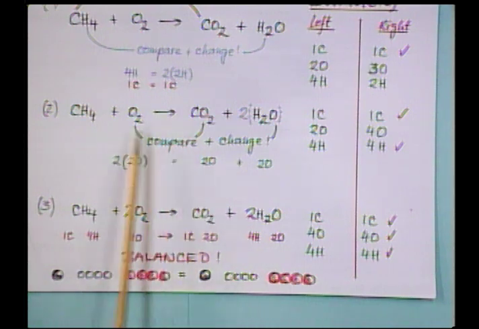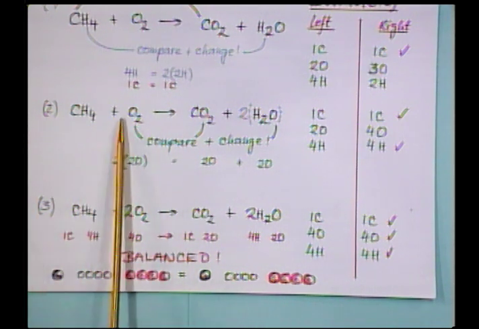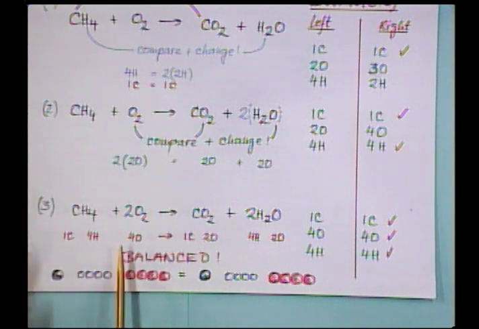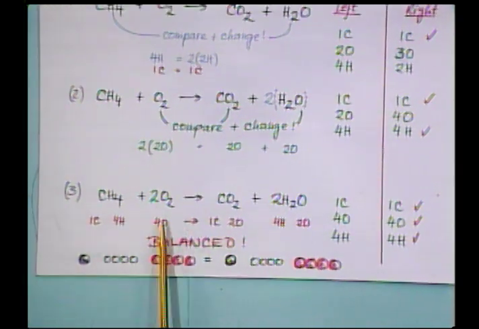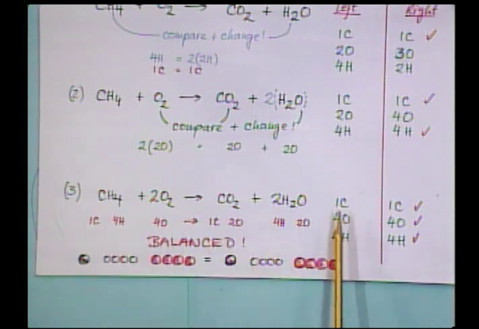Now, in the end, I just change the oxygen itself, the diatomic oxygen molecules, and put a 2 up front. And then you see we have 4 oxygens on the left as well. So everything is balanced. All atoms are accounted for. That is the whole idea of balancing chemical equations.